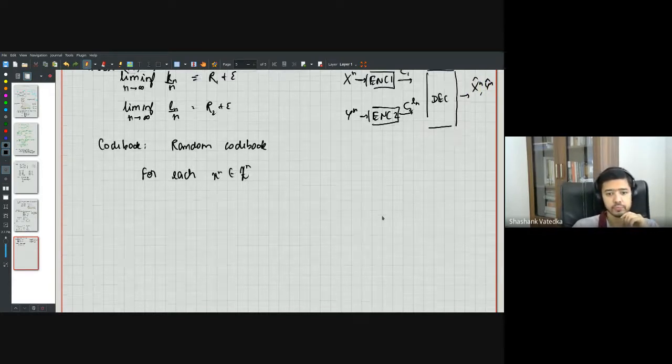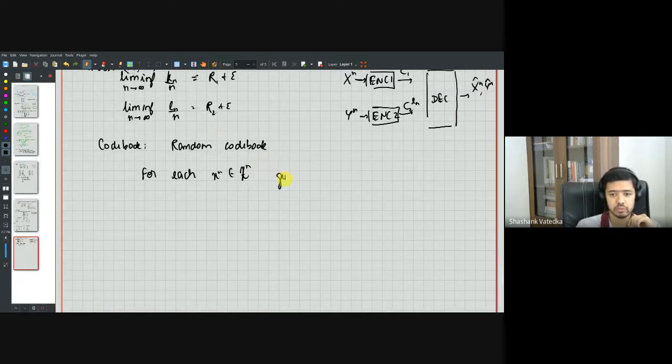So for each xn, you generate the corresponding code word C1 kn uniformly and IID at random, IID uniform over 0, 1 to the kn.